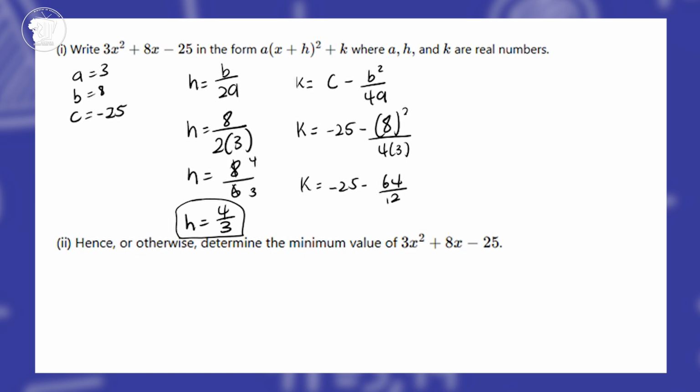If we punch this into our calculator, negative 25 minus 64 over 12, we end up with k being equal to negative 30 and 1 over 3, or we can say negative 91 over 3. Since we have an improper fraction here, we'll use that. So we have our values for h and for k, and now we can write it in the form.